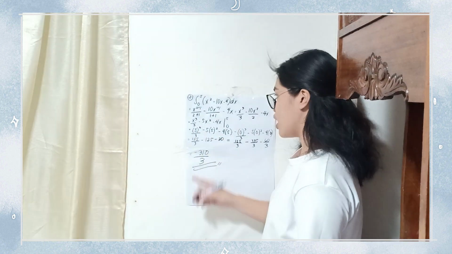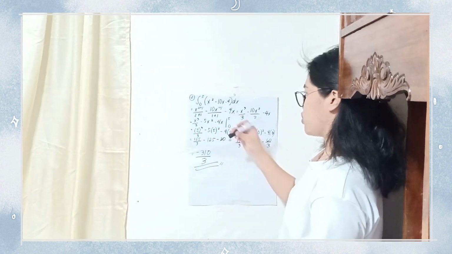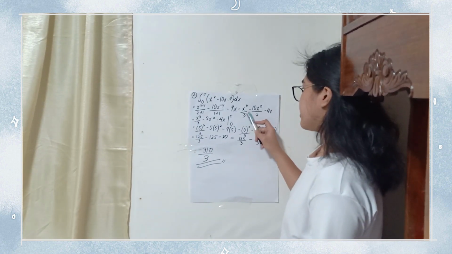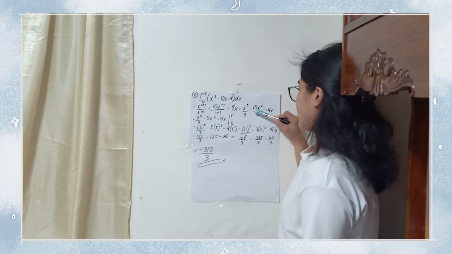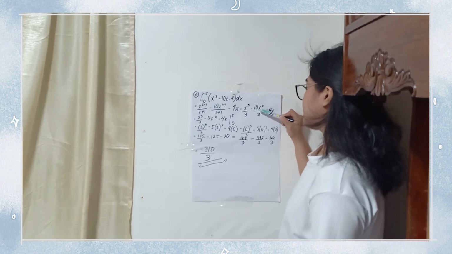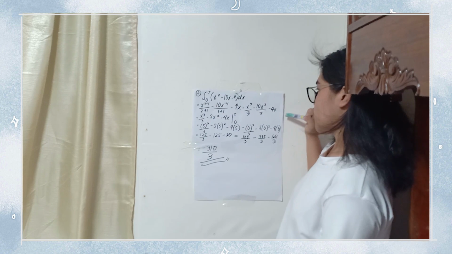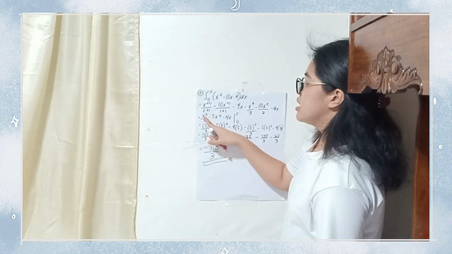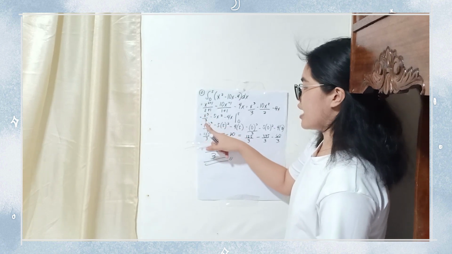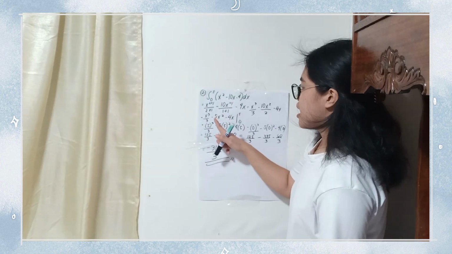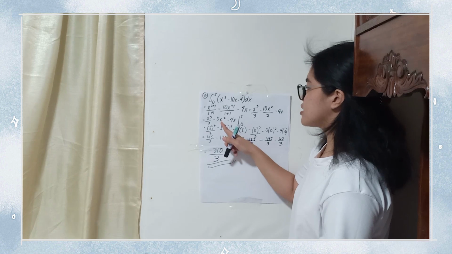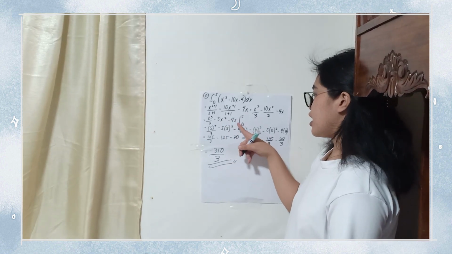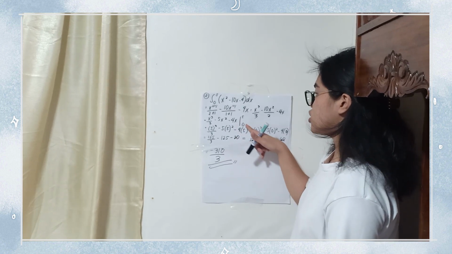So it will become x raised to 3 over 3 minus 10x raised to 2 over 2 minus 4x. Again, we can simplify this one. So it will become x cubed over 3 minus 5x squared minus 4x. We need to integrate them from 0 to 5.